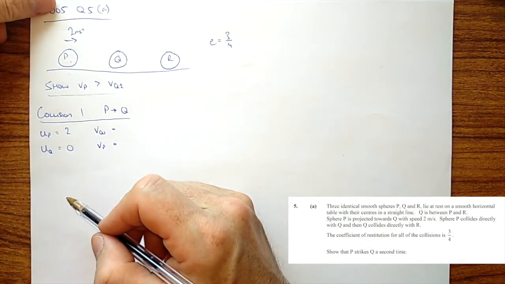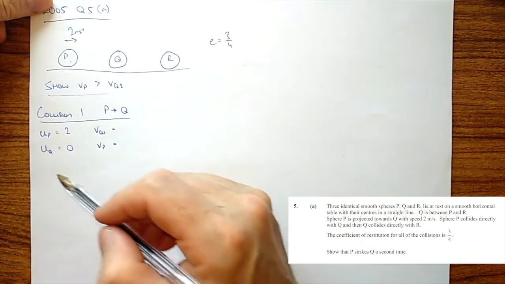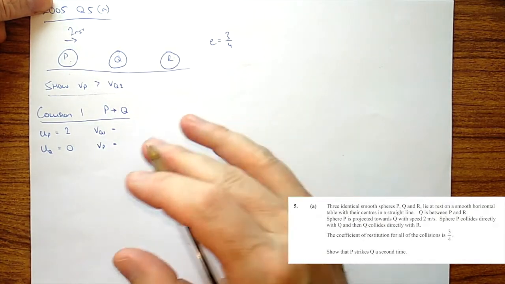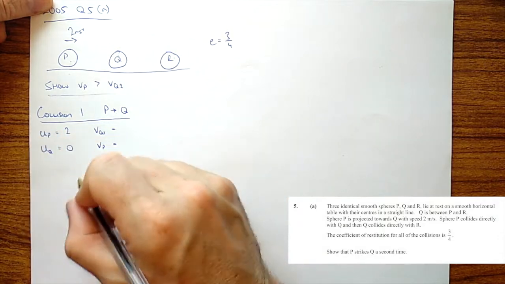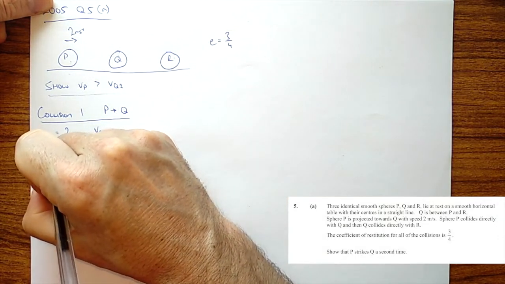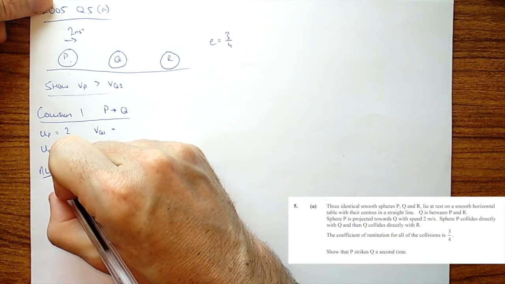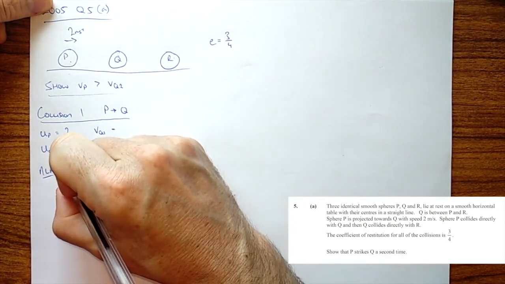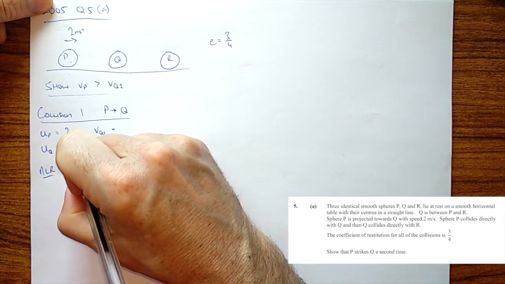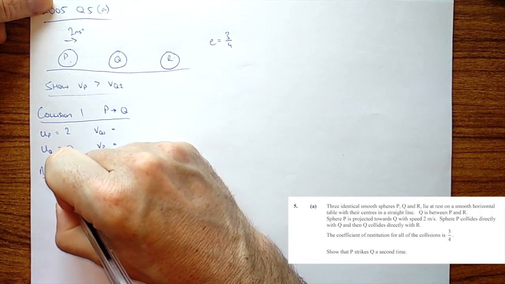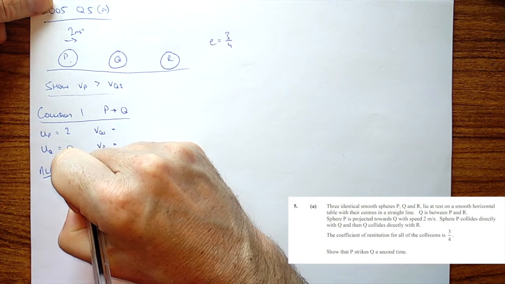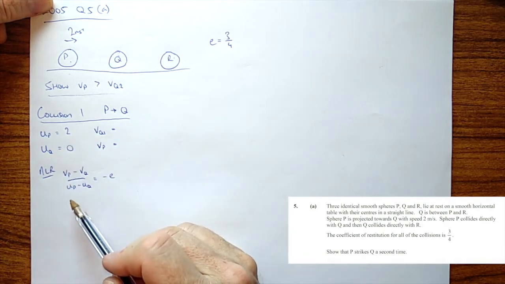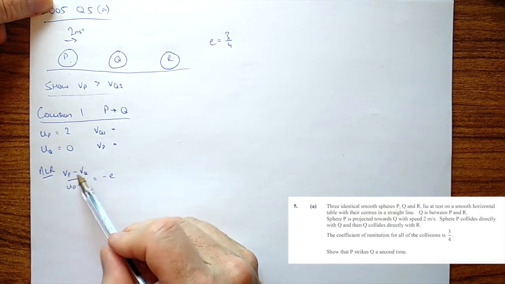With all of these questions, we're going to work in two different stages. One is Newton's Law of Restitution, and the second is the Principle of Conservation of Momentum. Newton's Law of Restitution basically says that VP minus VQ over UP minus UQ equals minus E. An important thing to note is not to worry about the order of these.